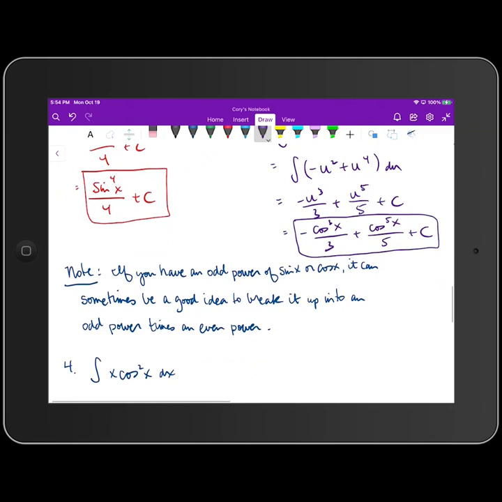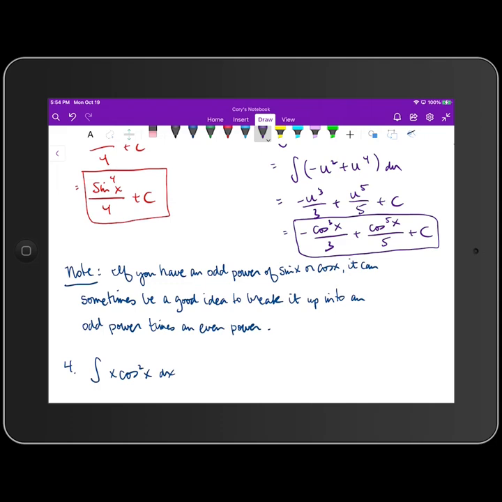Okay, so we're going to take one quick little note here, and then I'm going to stop this video, and then I'll finish the last two examples in the next video. So something to make note of, it says if you have an odd power of sine or cosine, it can sometimes be a good idea to break it up into an odd power times an even power.